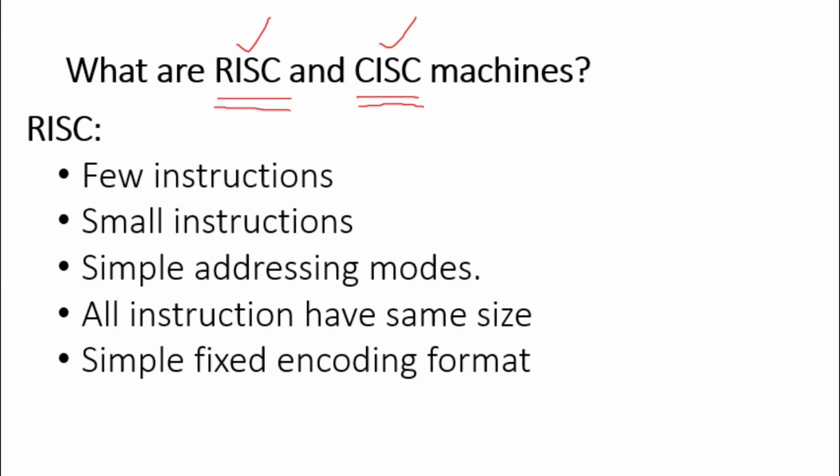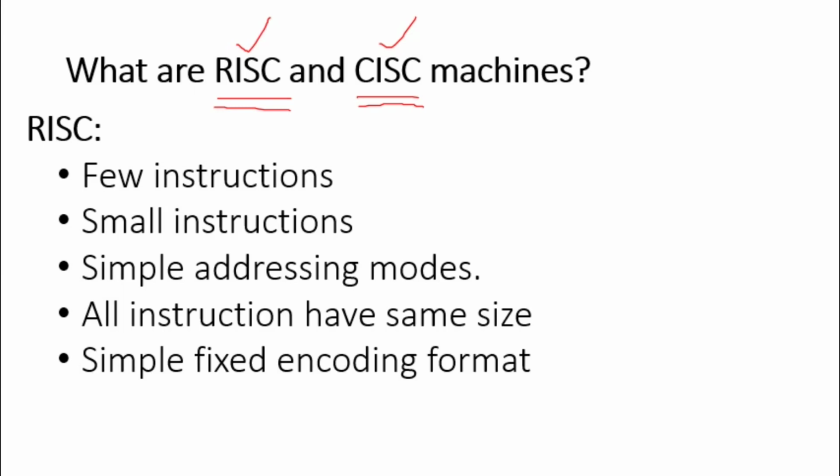Again, they have very complicated addressing modes, and when converted into binary, different instructions take different sizes. So with a complex instruction set computer, encoding every instruction into binary data is very complex.